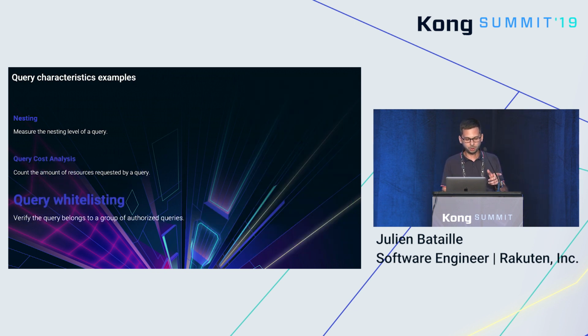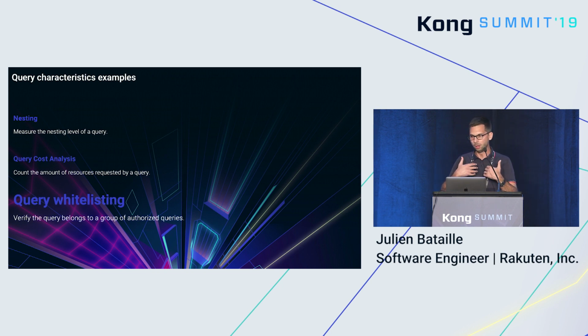A final example of this characteristic is if we can compare two different GraphQL queries, and we can say that two slightly different queries are functionally equivalent, we can implement what I call query whitelisting, where we would only allow some queries in production. It doesn't make sense for an API like GitHub, because they have this open API to any client.